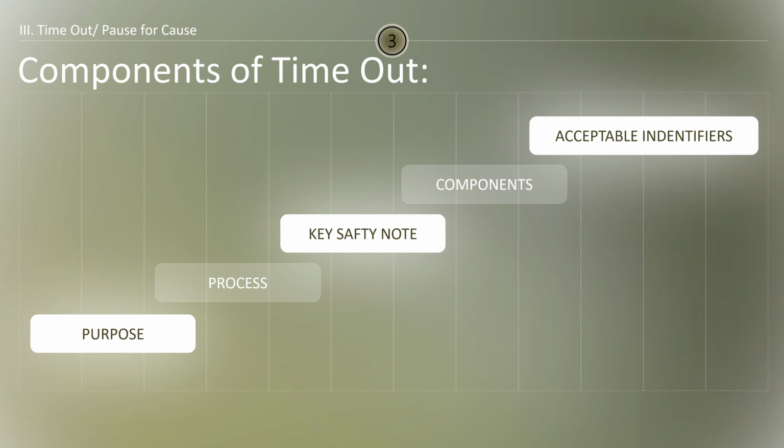Timeout: pause for cause. We have a figure in the chapter about it, Figure 3. The purpose is to prevent wrong patient, procedure, and site errors. This might be in quizzes and NCLEX. The process has a few parts.